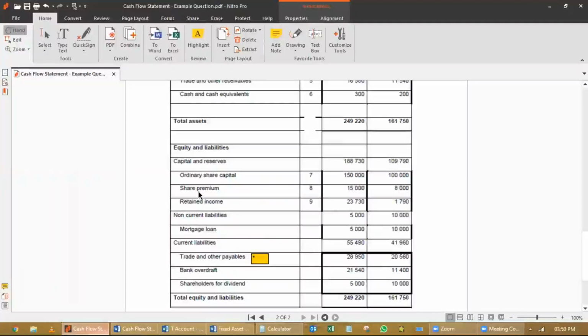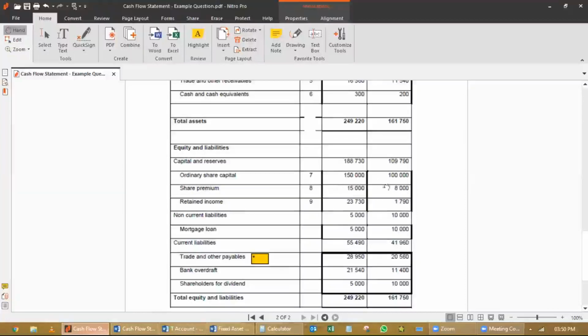So what does it mean when there's a share premium? All this means is they sold the shares at a premium, which is just a fancy way of saying they sold shares for more than the actual share value. The shares were valued at a certain amount, they sold it for a little bit extra, and that was sold at a premium.